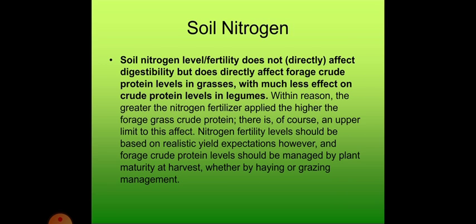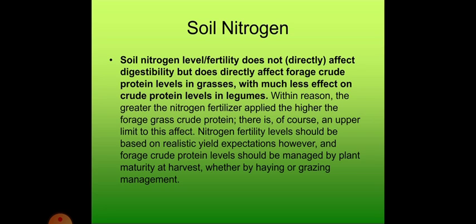Now comes soil nitrogen. Soil nitrogen fertility doesn't directly affect digestibility but does directly affect forage crude protein levels in grasses, with much less effect on crude protein levels in legumes. Within reason, the greater the nitrogen fertilizer applied, the higher the forage grass crude protein.